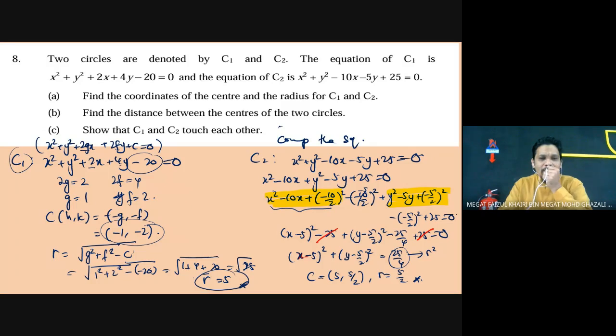Okay, so now class, if I list down for C1, the center is (negative 1, negative 2), radius equal to 5, and C2, the center is (5, 5 over 2), and the radius is 5 over 2.